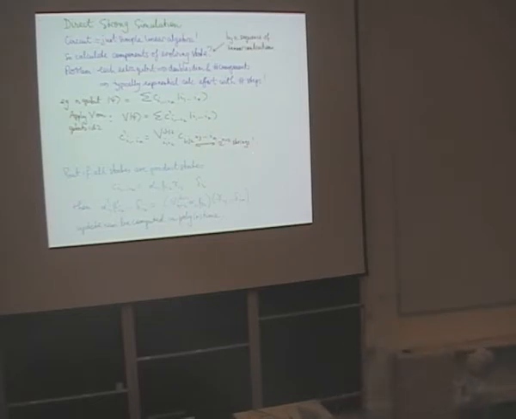Right, so I want to say a few words about what you might call direct strong simulation. The first thought you might have when you first think about simulating quantum circuits is that, after all, the quantum circuit is just a computable linear algebra process.